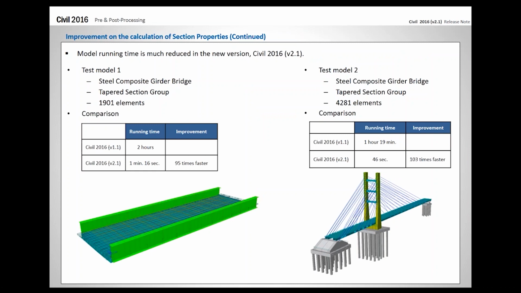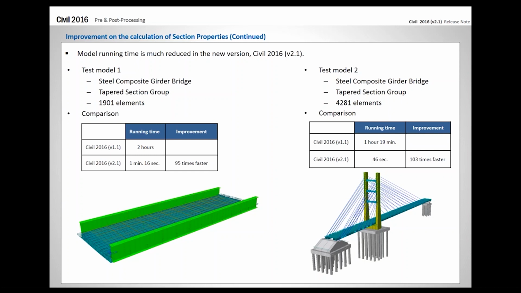The major problem in the previous application of the section property was the taper section, because the program had a hard time calculating taper section properties. That is also fixed.